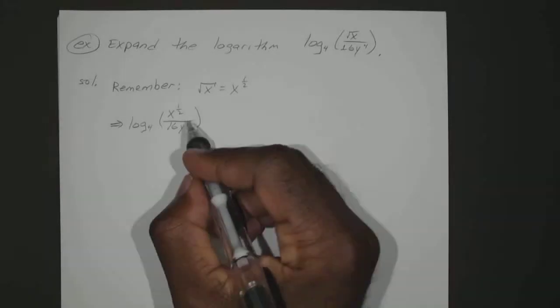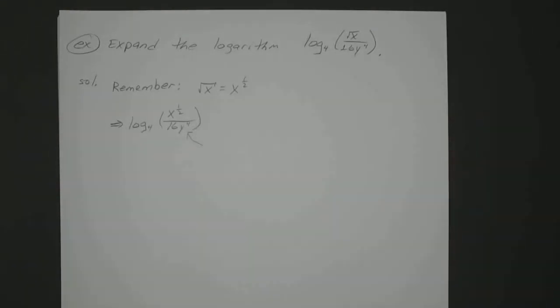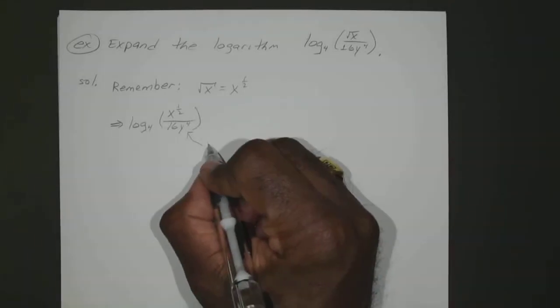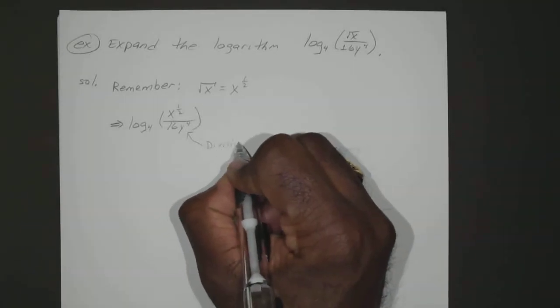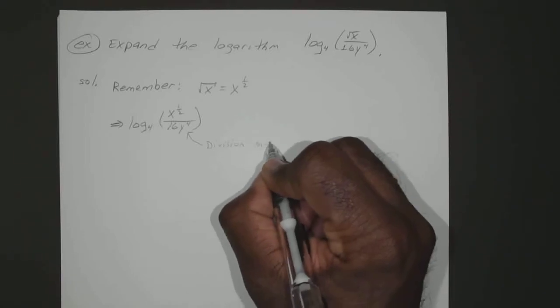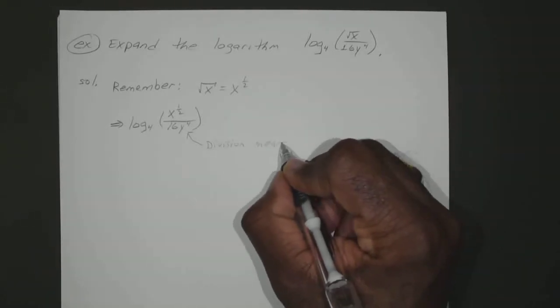Now we know inside of here we're dividing. So division means the quotient rule.